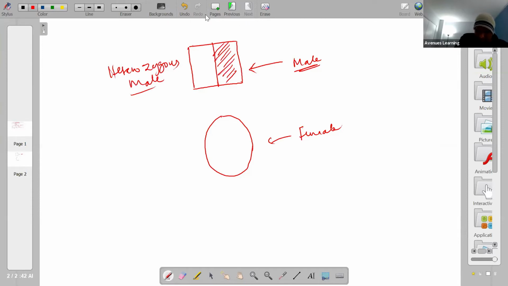Okay. Now, who else is left? Shalini. Shalini, can you tell me, when you say heterozygous male, what do we mean exactly by that?